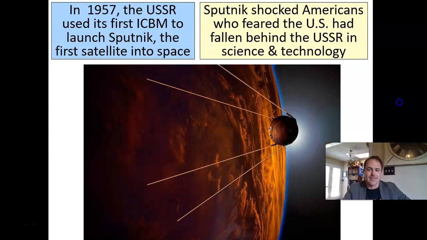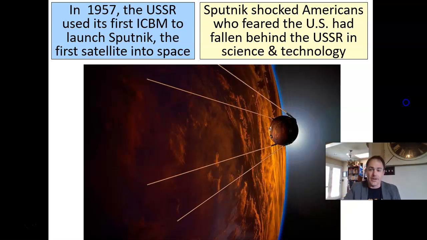All right, now let's turn to what's known as the space race, right? Because again, the fronts of this Cold War are in multiple places, even in space. In 1957, the USSR used its first ICBM to launch Sputnik, the first satellite into space, right? This machine, I guess, that orbits the Earth, sending down signals.